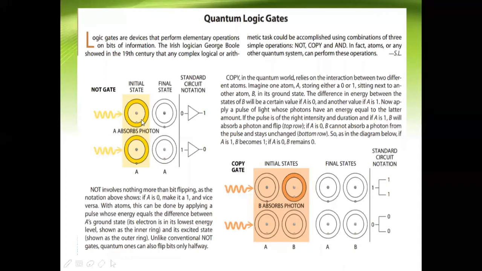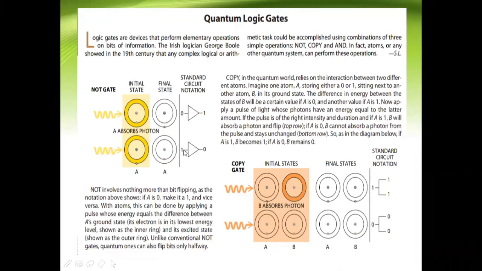When the photon is absorbed, the atom goes from the initial state to the final state. That is the zero position in standard circuit notation. When it is flipped, it goes from 0 to 1. Again, absorption of a photon takes place, and the atom goes from initial state to final state once again.